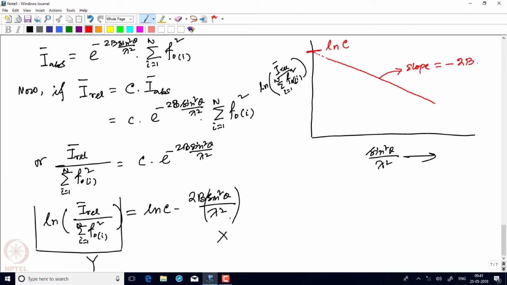So we can then calculate both the scale factor and the temperature factor from this measurement.